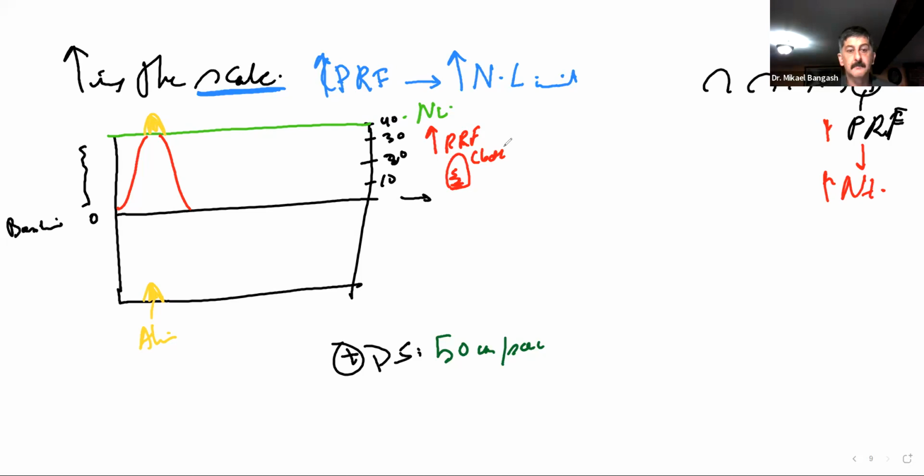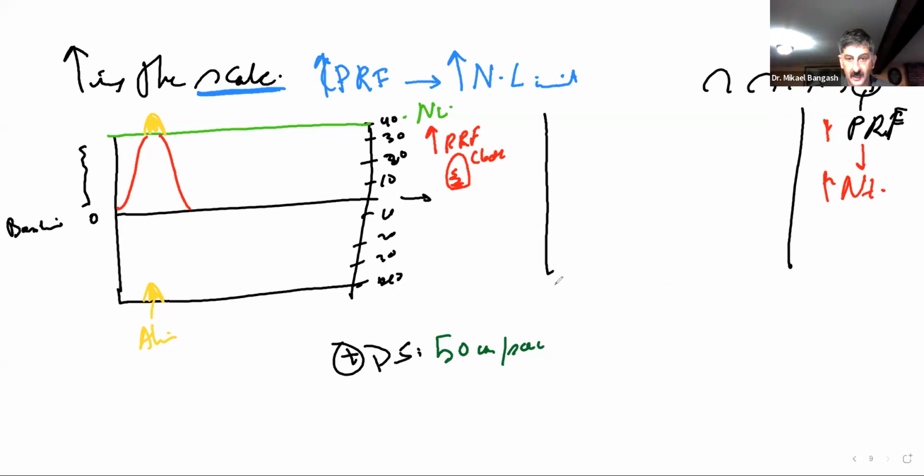Turn it clockwise. And what you will see is that physically the size of your scale remains the same. We still have our baseline here.